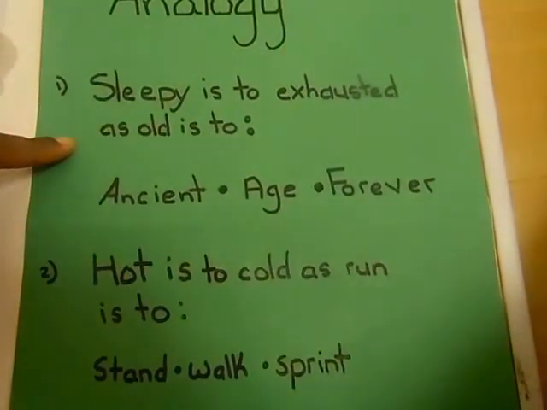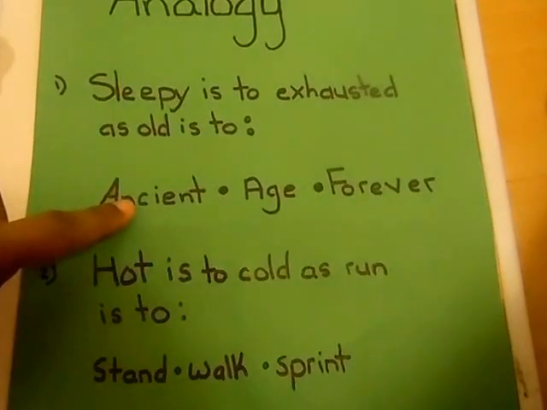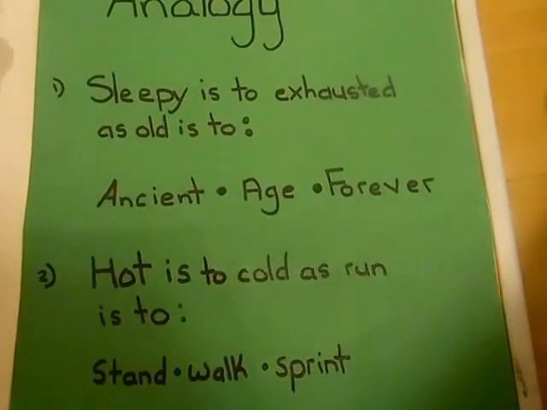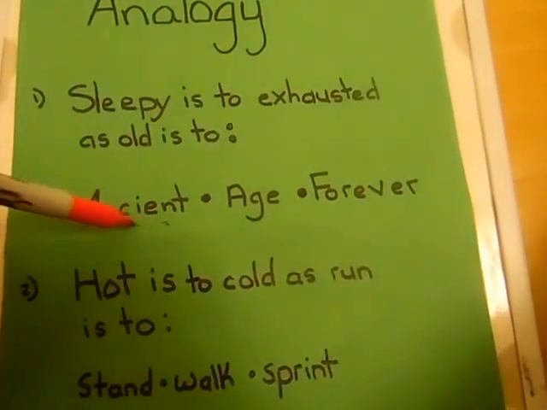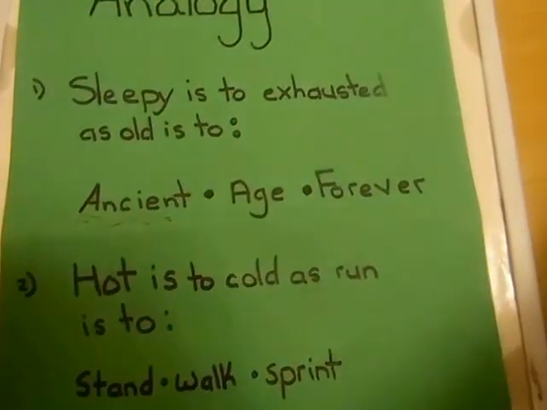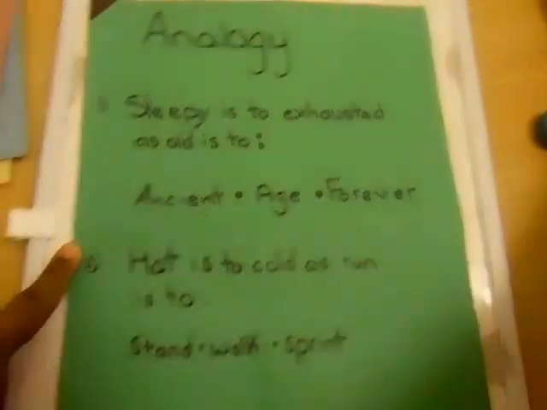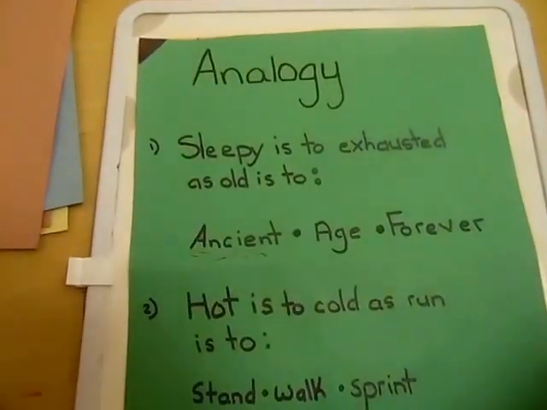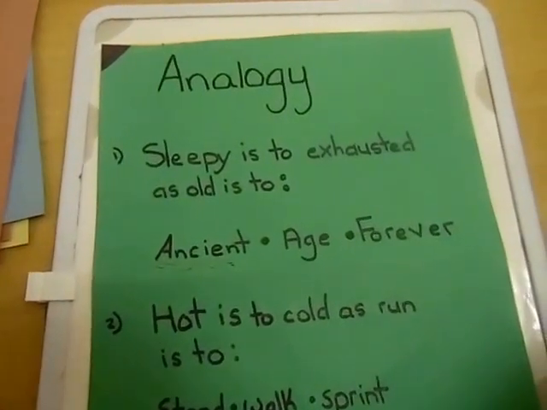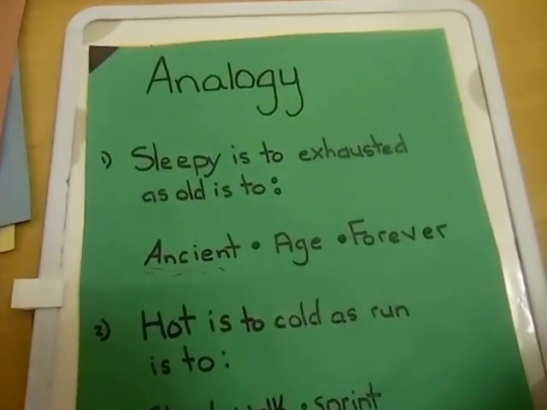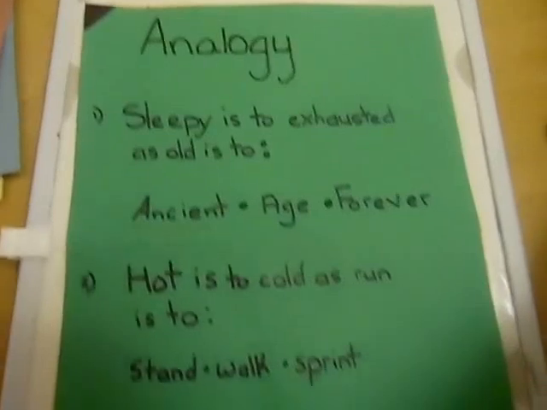Sleepy is to exhausted, as old is to ancient. So the answer would be ancient. Okay? So remember, when you're doing analogy, the pattern that you find in the first pair of words will be the same pattern for the second pair of words.